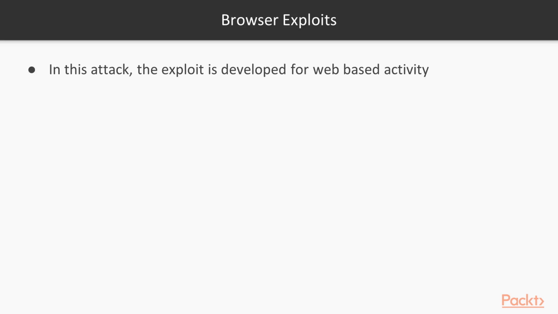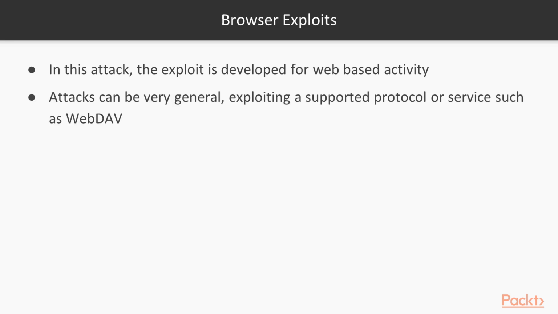Well, we can find exploits that are developed based on, say, web activity. So if you are browsing to a specific web page, you can exploit the browser itself. And those attacks can be very general. They can support different types of protocols such as WebDAV, or they might exploit plugins such as Java or Flash Player that are integrated into the browser to make them work more effectively across the network.